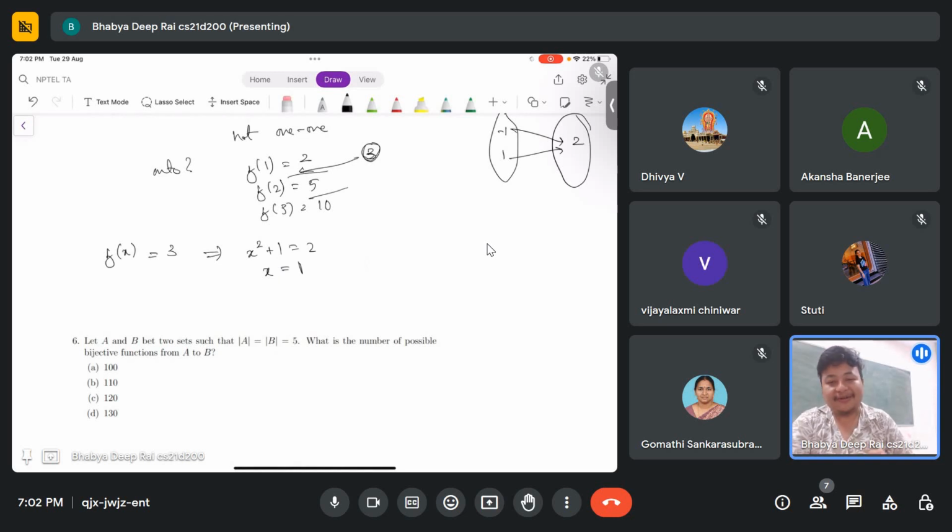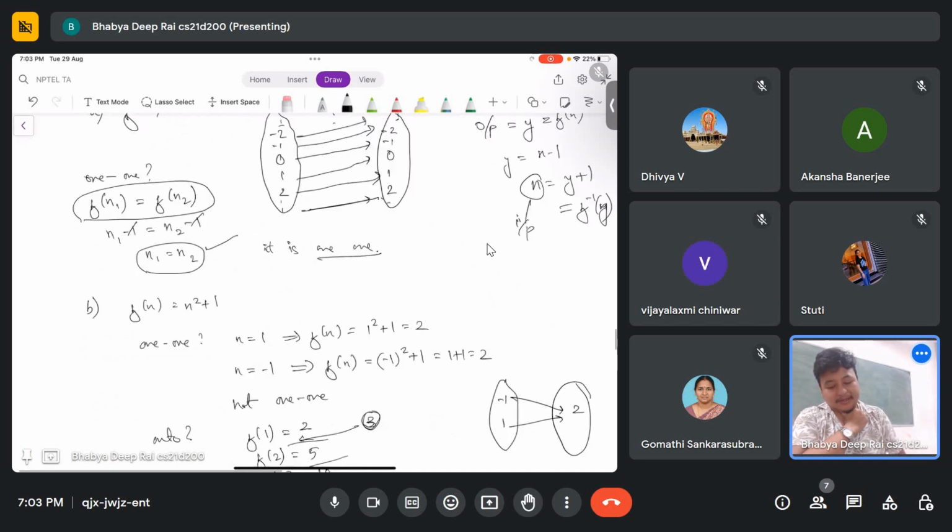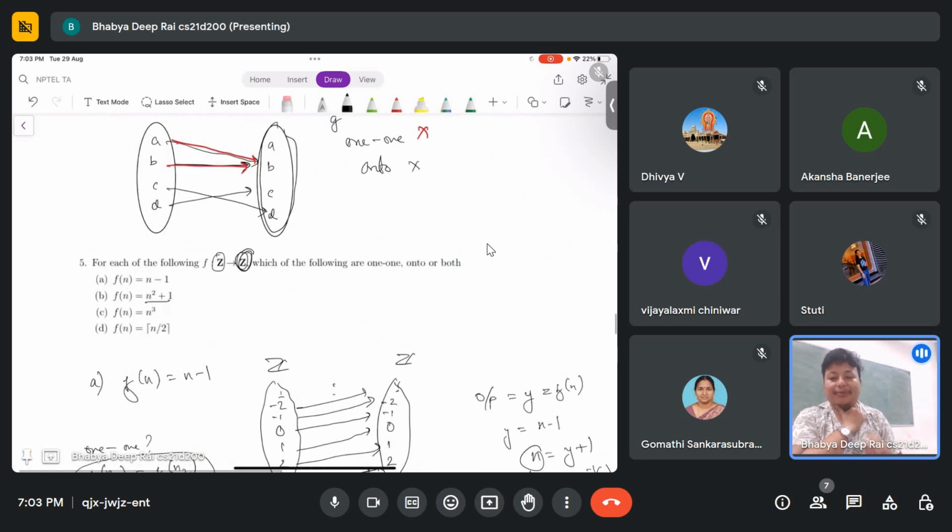So let's talk about 3. My claim is that 3 does not appear here. If 3 were to appear here, say f of x equals 3, some input will give 3 as output. Then x square plus 1 equals 3. Then x square equals 3 minus 1, which is 2, which implies x equals plus minus root 2. Now this cannot be an integer, right? But our domain is integers only.